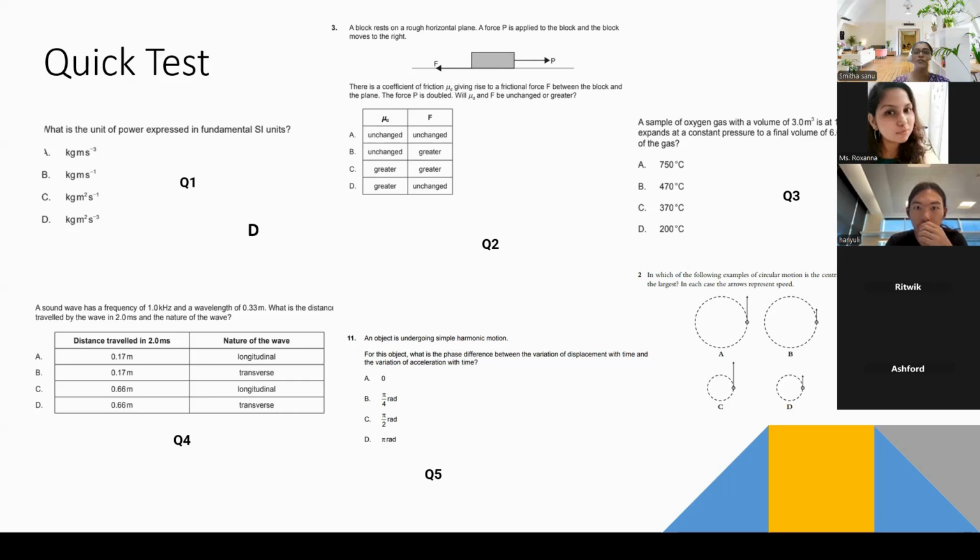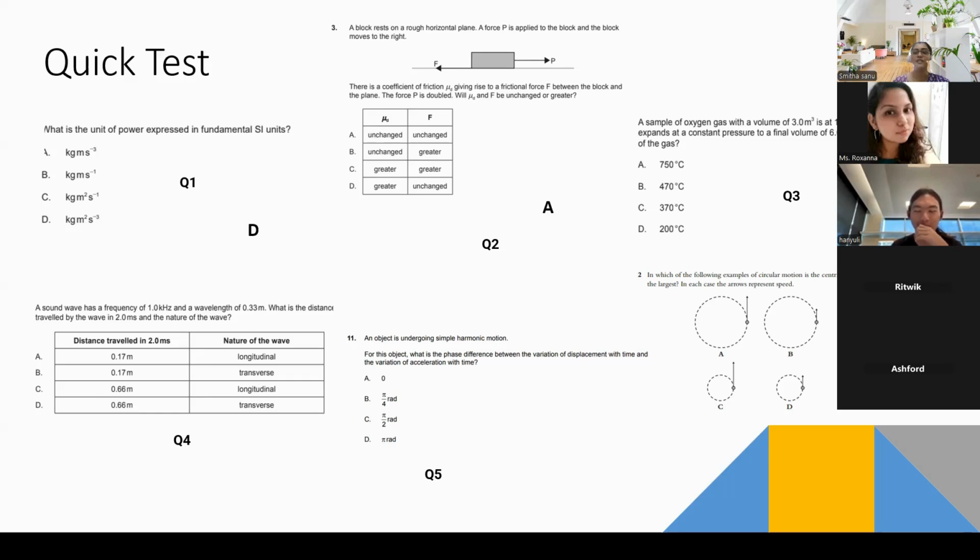If you increase the force P, will it change or affect the coefficient of friction and the force F? Anybody? Put your answer in the chat. Question 2 is A, which is right. It is right again. So I guess Annually is earning points. He got 2 marks already. Very good.